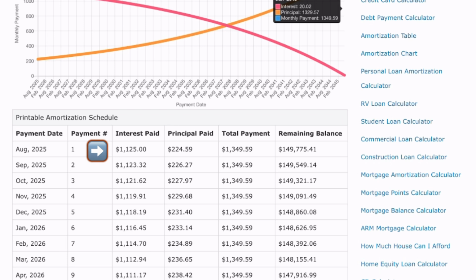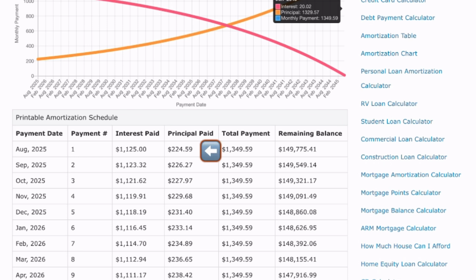So $1,125 of the $1,349.59 is going towards interest. That means the principal has $224.59 applied to it.